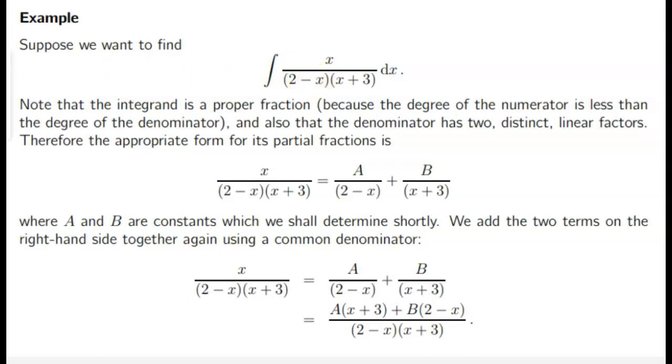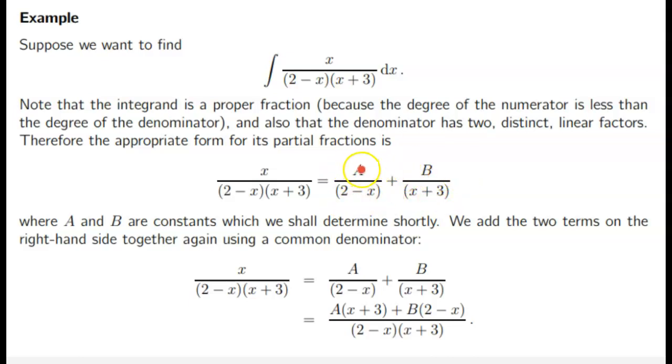Which means the degree at the bottom is higher than the degree at the top, so this fraction is okay. Now, if we got a fraction like this, x over 2 minus x times x plus 3, we can write that one as A over 2 minus x plus B over x plus 3. So we can write it that way.